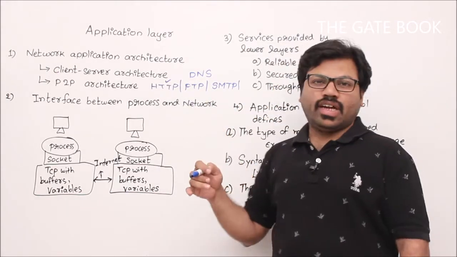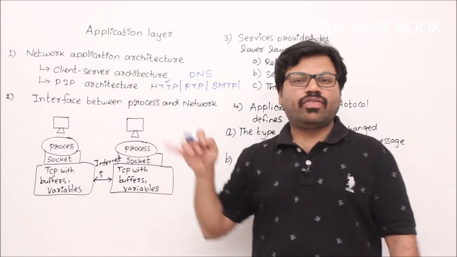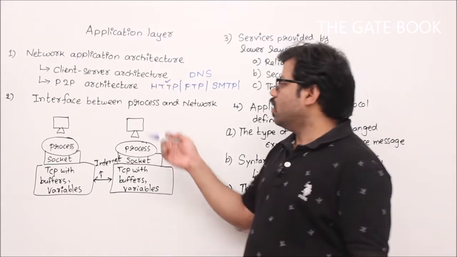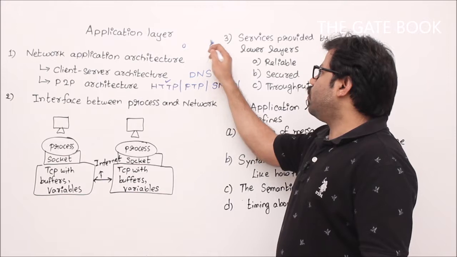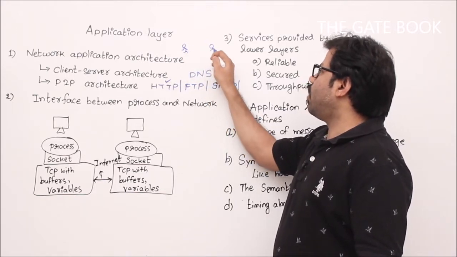Before going to that, first I would like to tell you that network applications have an architecture. There are two types of architectures possible, and it's very easy to understand. Let's say there are two computers, and one computer wants to take data from another computer.